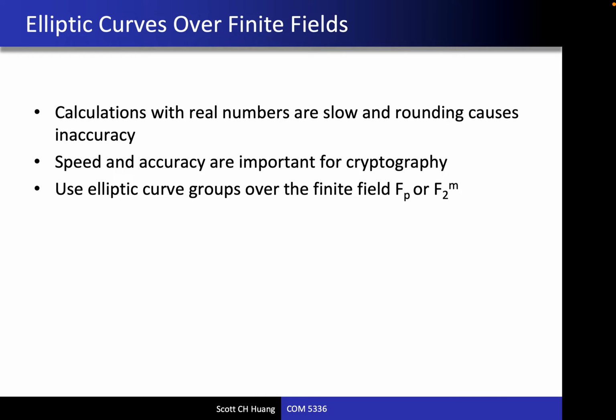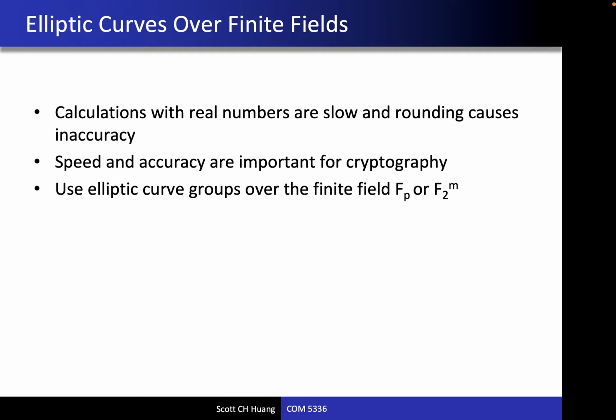So generally speaking, for general purpose, you use a prime field, elliptic curve over a prime field. For hardware-supported, special hardware elliptic curves, you use a binary field, because you can use special binary operations to speed up your algorithm.